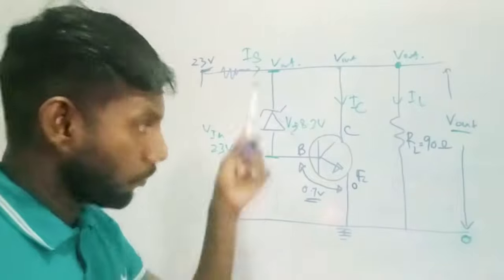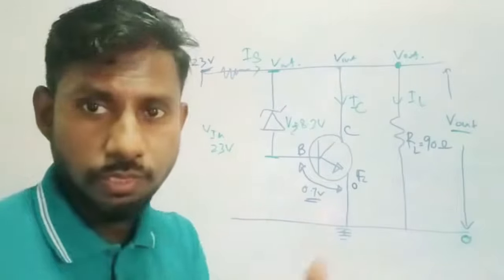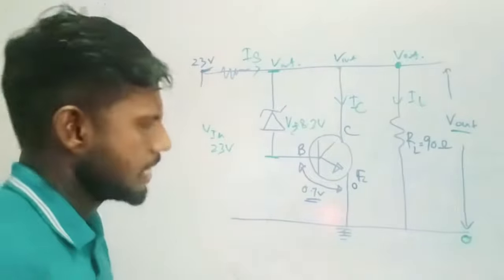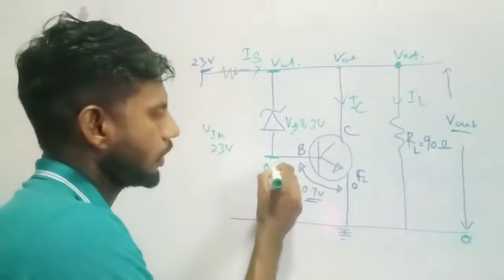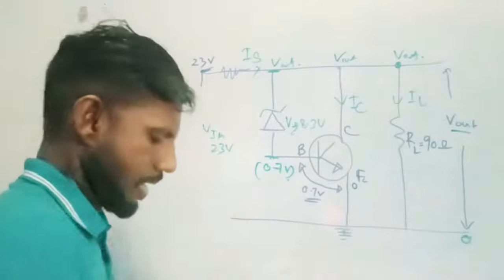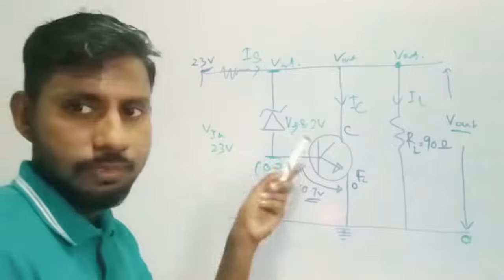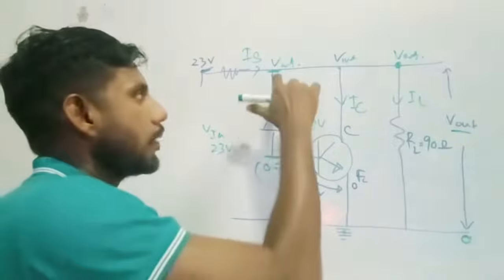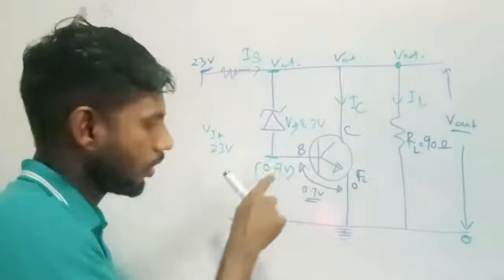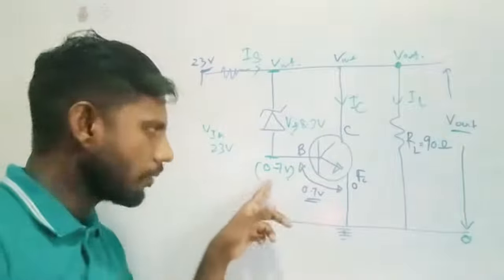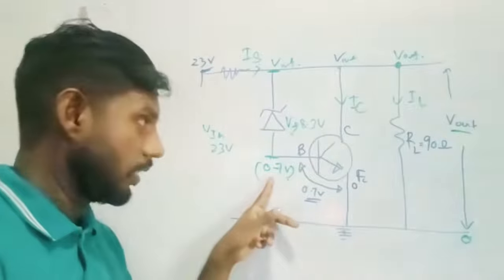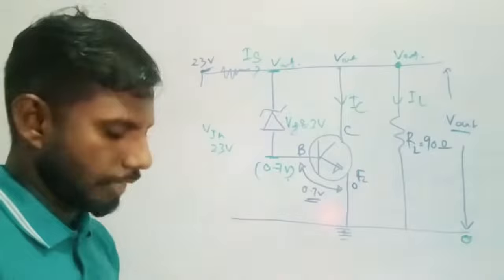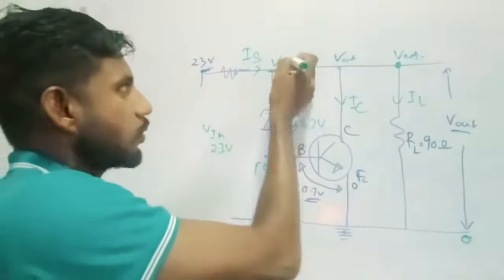Then if the transistor is forward biased, the potential at this point should be 0.7. And this Zener diode is maintaining 8.3 potential difference across its terminals. So one terminal is 0.7, and the other terminal has to be Vout, right?